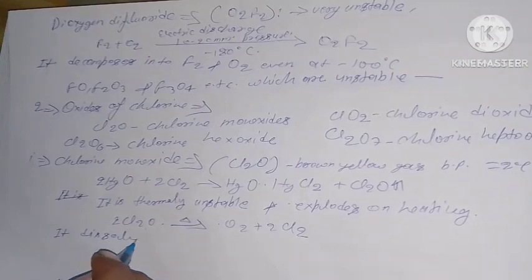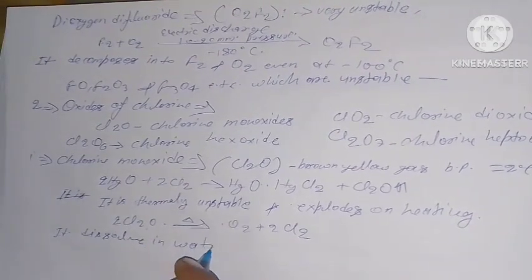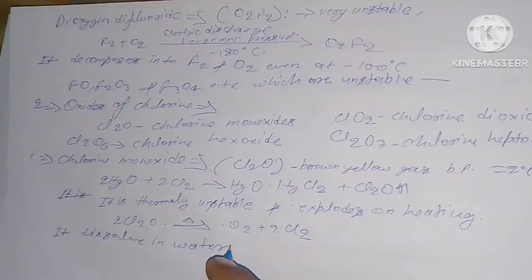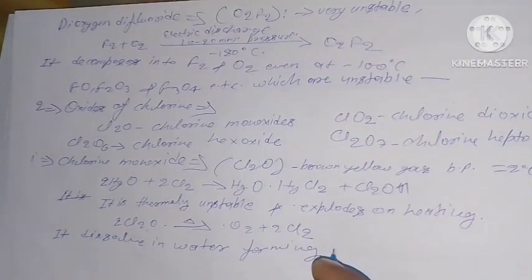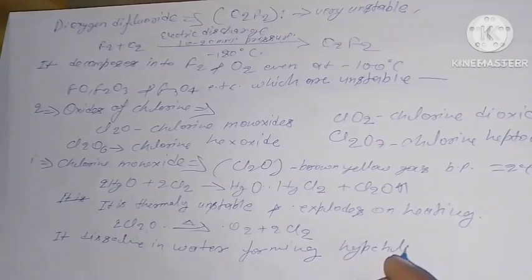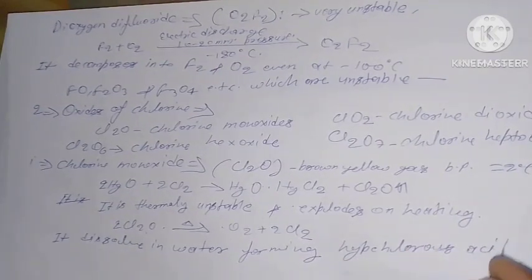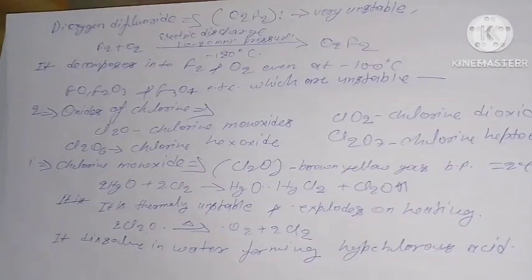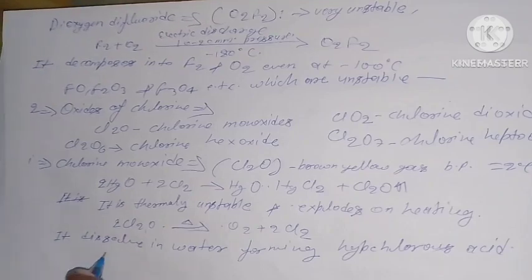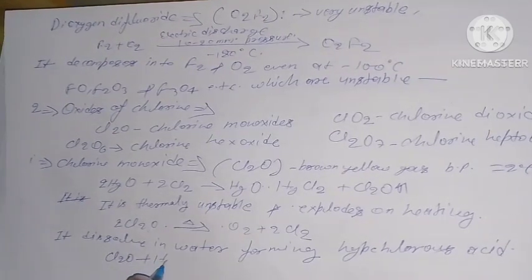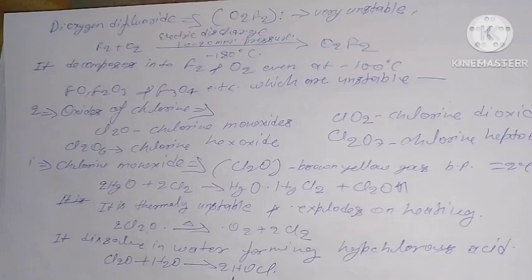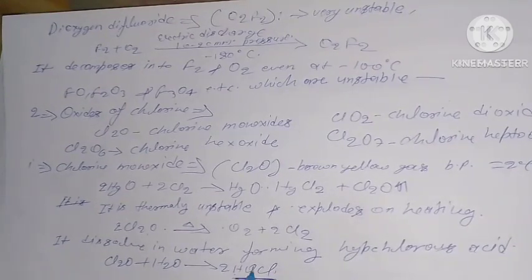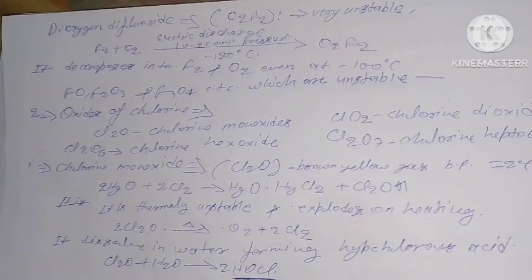It dissolves in water, forming hypochlorous acid: Cl2O plus H2O gives 2HOCl. This is hypochlorous acid, HOCl.